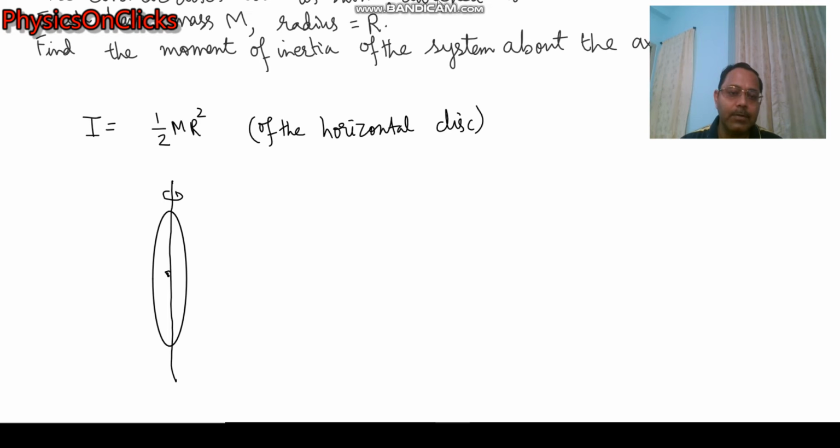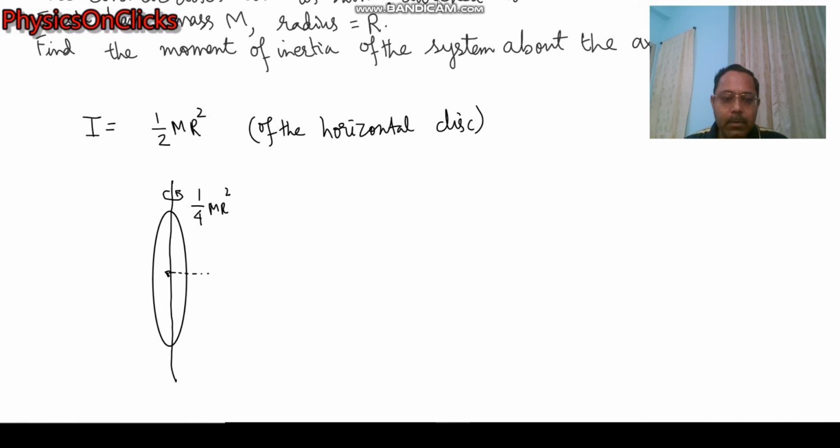So the moment of inertia about this everybody knows, it is how much? Let us just have a quick revision. Moment of inertia about each diameter, the sum of them will be half m r square according to the theorem of perpendicular axis. So each will be equal to 1/4 m r square.